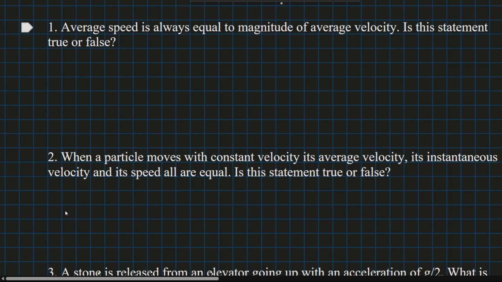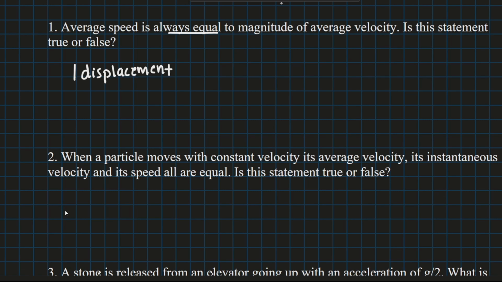Now this question states that the average speed is always equal to the magnitude of average velocity. This statement is wrong. The reason is that we know that the magnitude of displacement is always less than or equal to the distance.